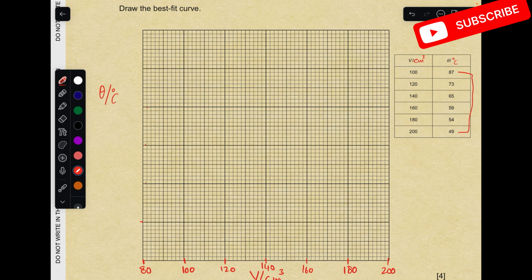So I can take a gap of 5 or 10. The minimum value is 49, so I'm not taking 49 as a starter, I'm taking 45. This can be 55, this is 65, this is 75, this is 85, and this is 90. So it's covering all the values. Each box is equal to 1, so it's an easy division.